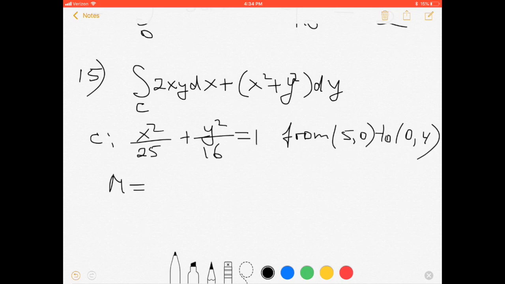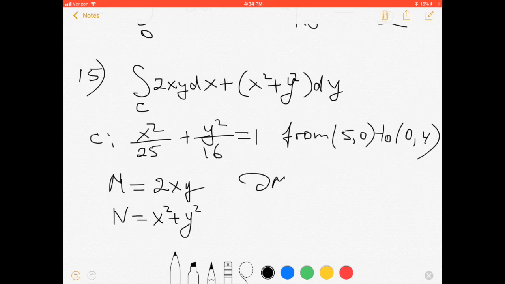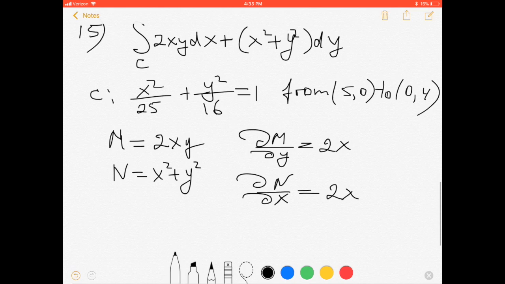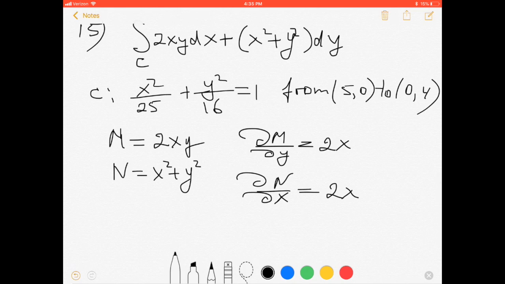M here is equal to 2xy, n equals x squared plus y squared. dm/dy will be 2x, dn/dx will be 2x, right?